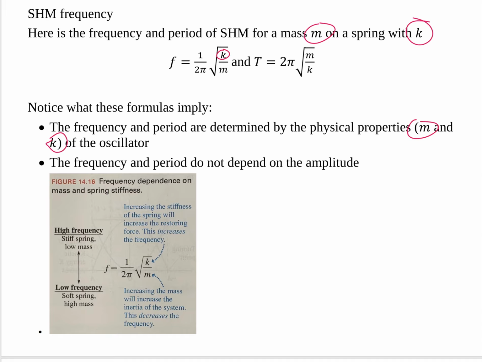The mass is in the denominator for frequency. So if I increase the mass, that makes the fraction that I'm square rooting smaller. So I wind up with a smaller number for the frequency, okay? So increasing the mass does what? Speeds it up or slows it down? That would slow it down for frequency. Increasing the mass slows it down, yeah.